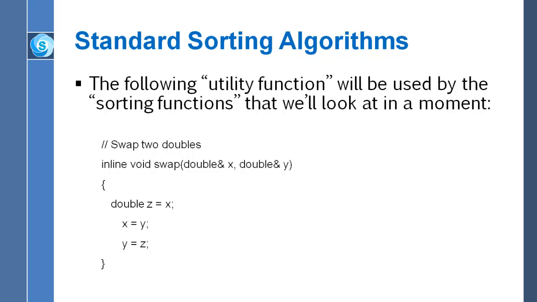And of course, it's the actual data that's passed as arguments. It's the actual arguments that are passed when the swap function is used, as we'll see it used in a moment. It's the data there that's actually swapped.